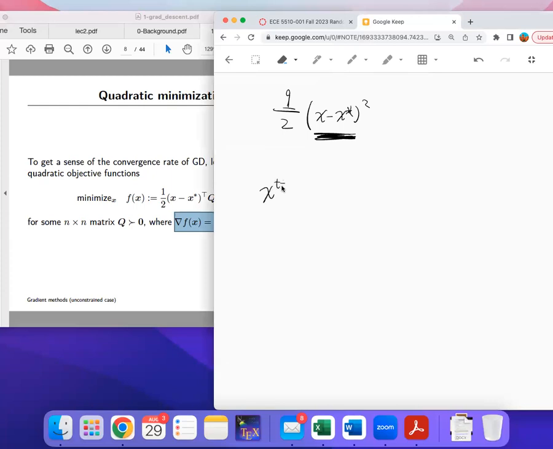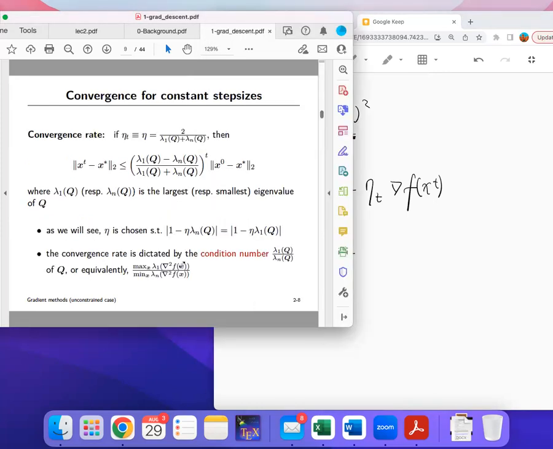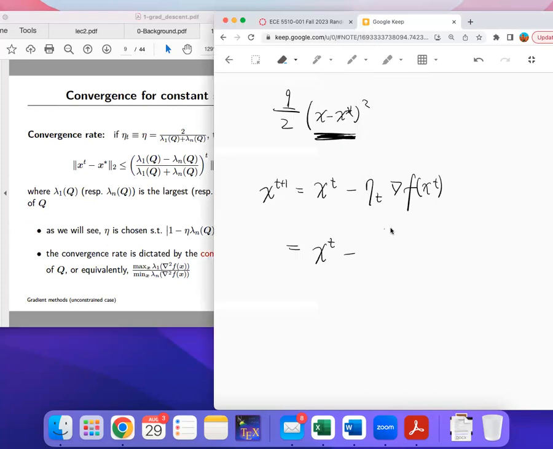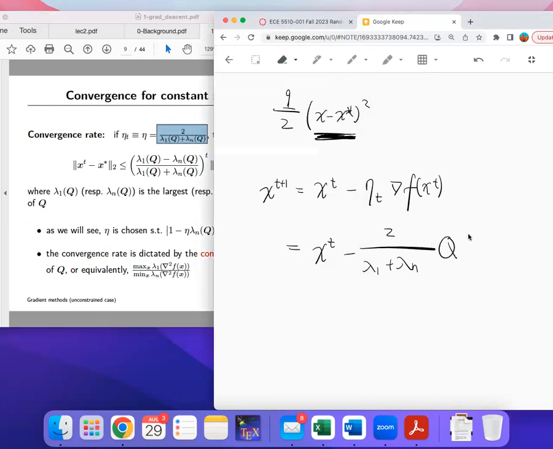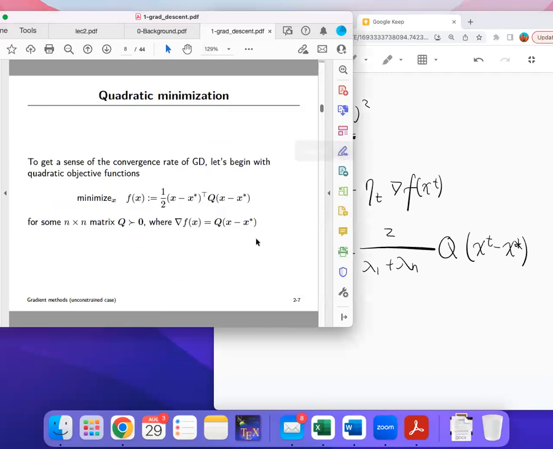It's x t plus 1 equals x t minus eta t times the gradient. In this case, eta t is given by this one, and this gradient is given by this one.